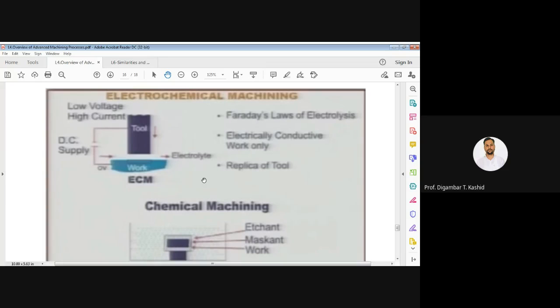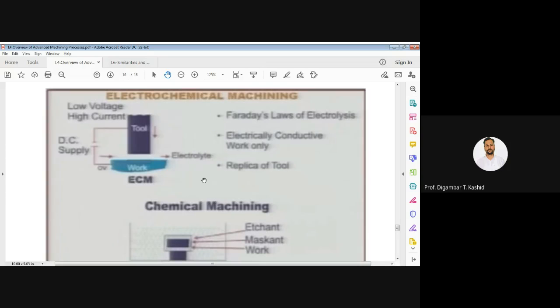It is similar to electroplating: removal of material from one surface and depositing it on another surface. Na and Cl, we know, are the ions involved. The same principle is there, but in the reverse way. We just have to remove the metal from the workpiece, with no need to deposit on the tool. So it is called the reverse of electroplating.